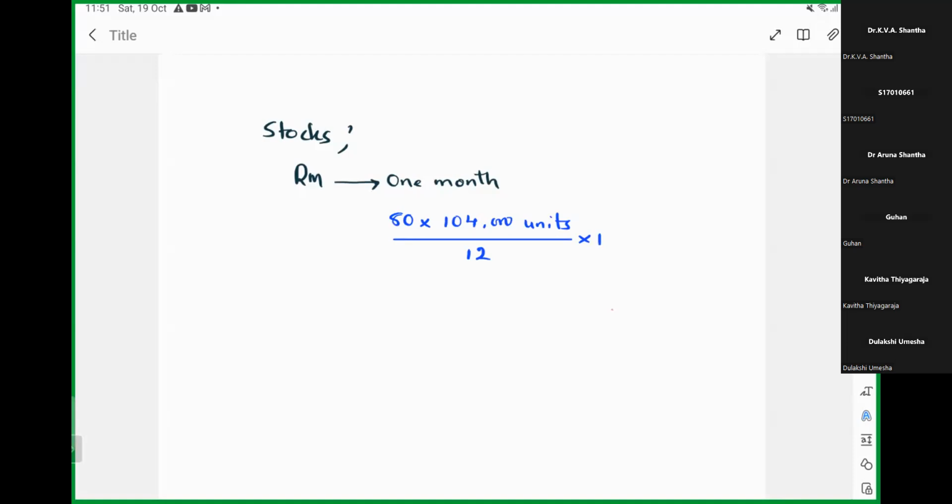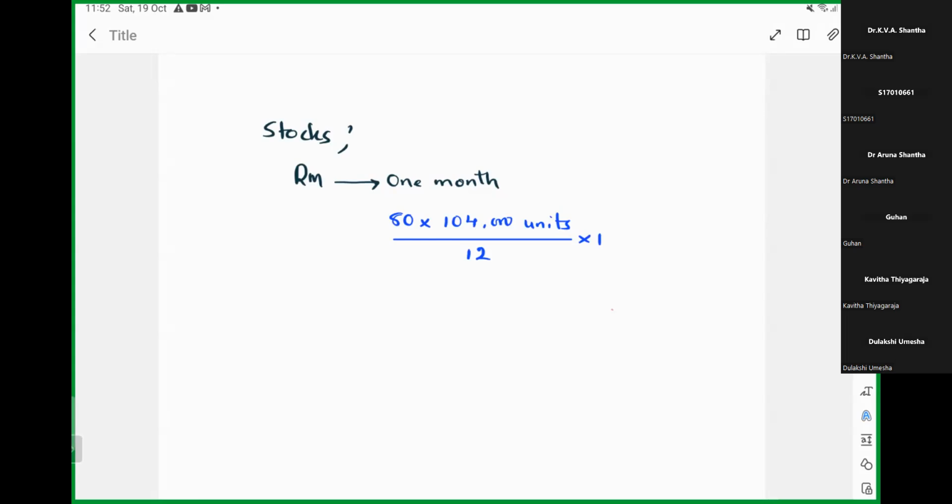So total annual raw material cost is 80 into 104,000. That is the annual raw material cost. Out of that, 1 month of raw material requirement is maintained. Right.